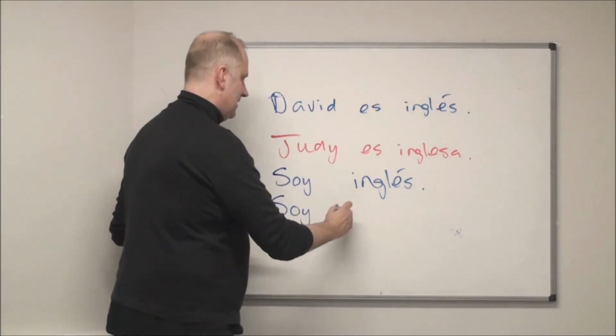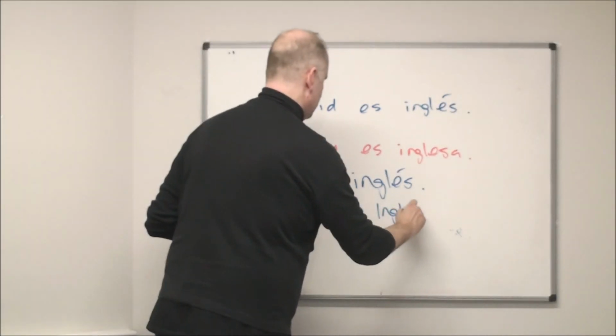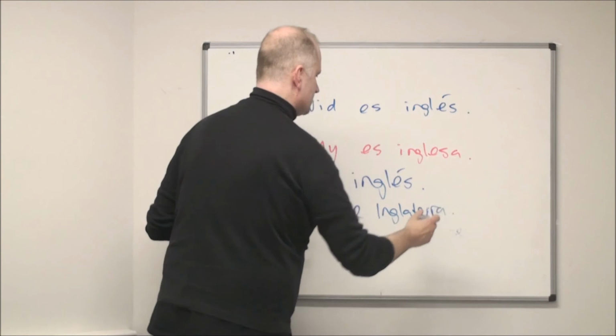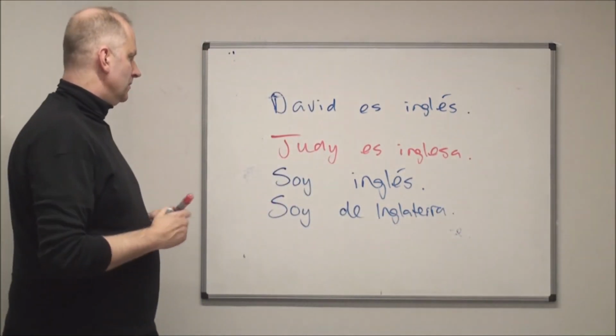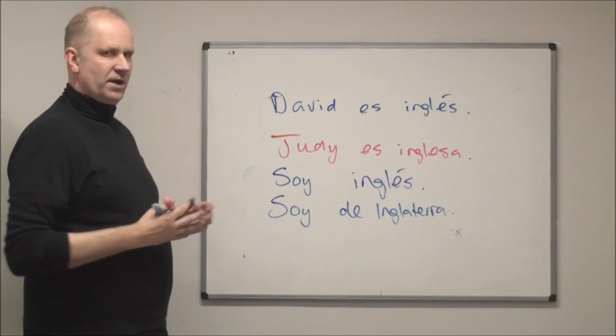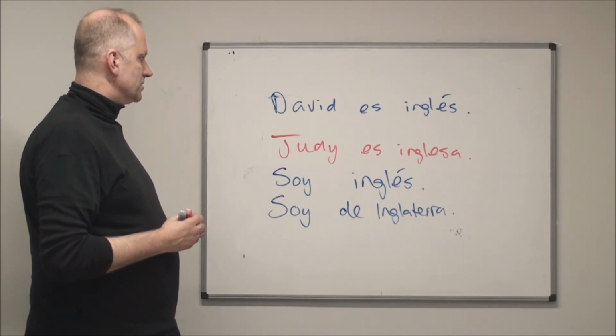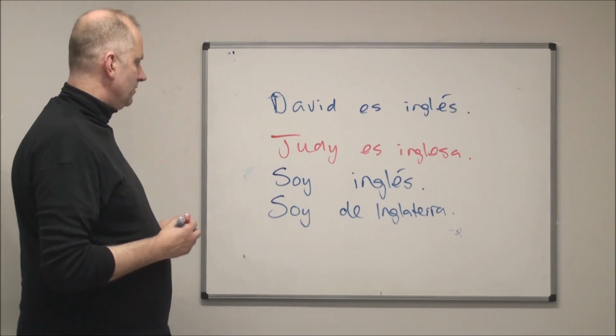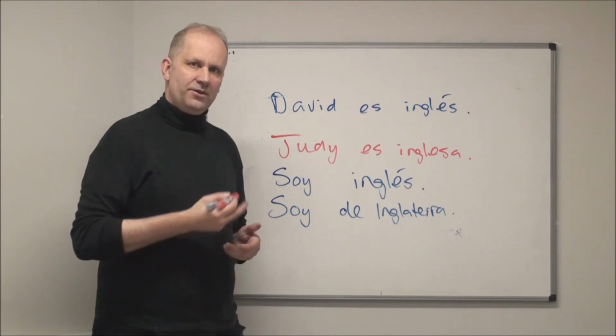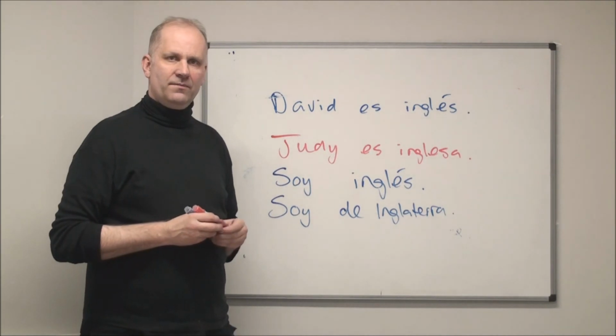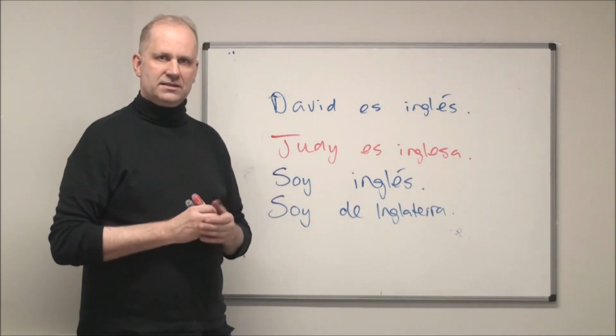Soy de Inglaterra. It doesn't matter which one you say, whichever you feel more comfortable with, and perhaps you can vary it just to keep things interesting. Okay, so now you can describe where people are from according to their nationality.